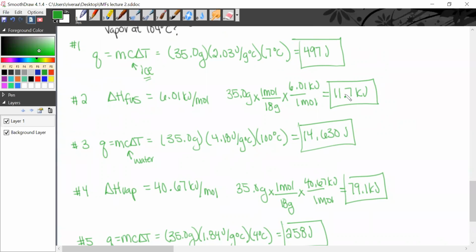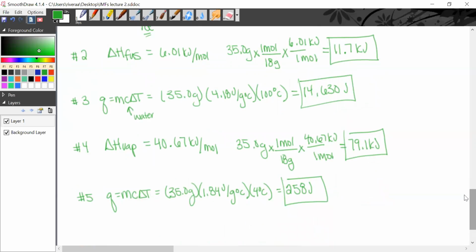So 0.497, right? 1,000 joules in a kilojoule, folks. 0.497 plus 11.7 plus 14.630 plus 79.1 plus 0.258 equals 106 kilojoules. Needed to do all of that.